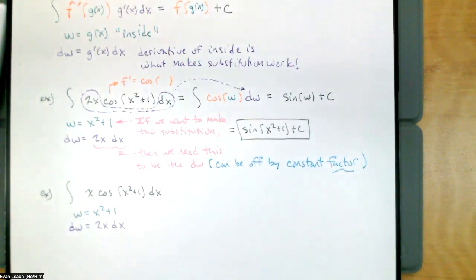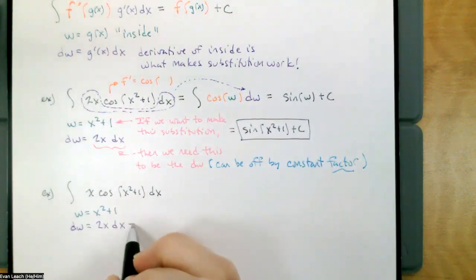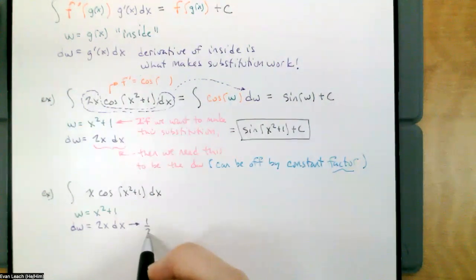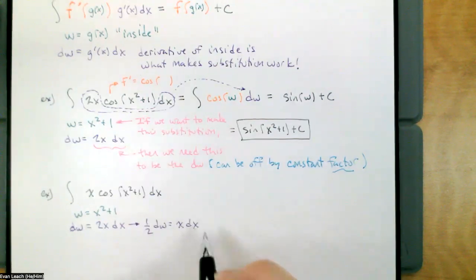The important part of this dw is the x dx, not the 2. The 2 is just a constant factor, and I can divide both sides and still make it work. I'll just say 1/2 dw is equal to x dx.